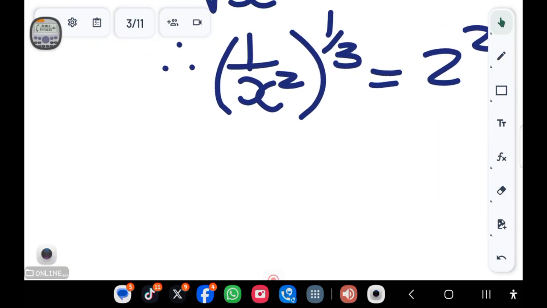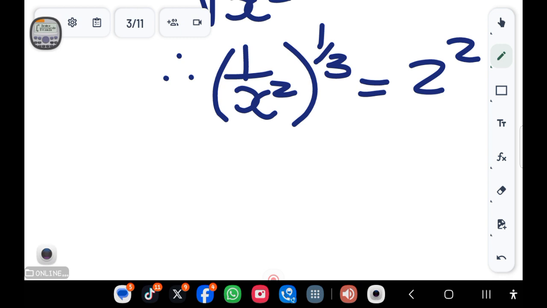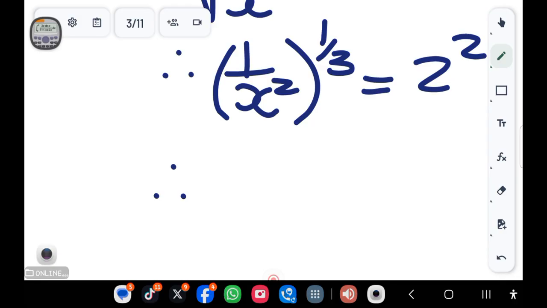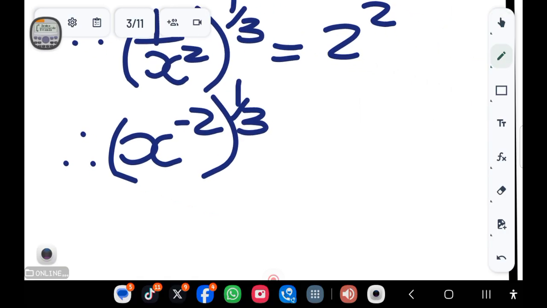So now what we do is we apply this 1 to the power of 1 over 3. We can take this x squared to the top and it becomes x to the -2, raised to the power of a third, which is equal to 2 squared.